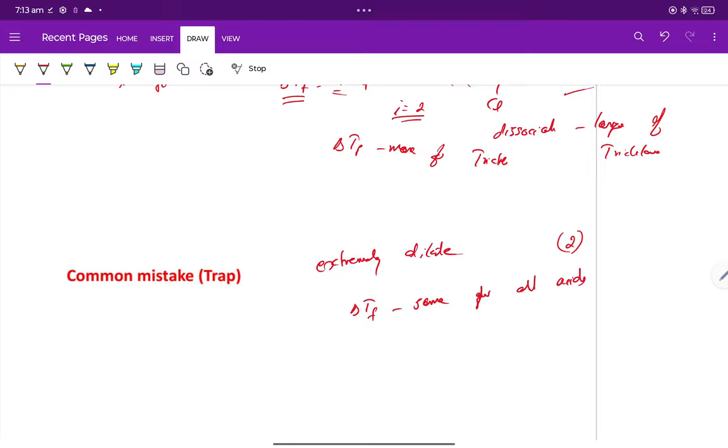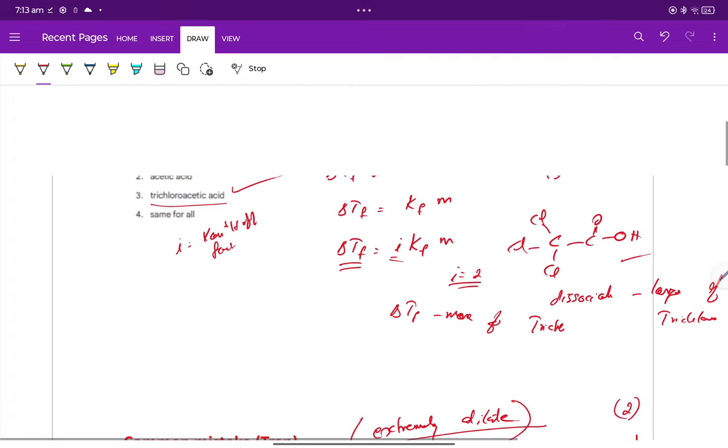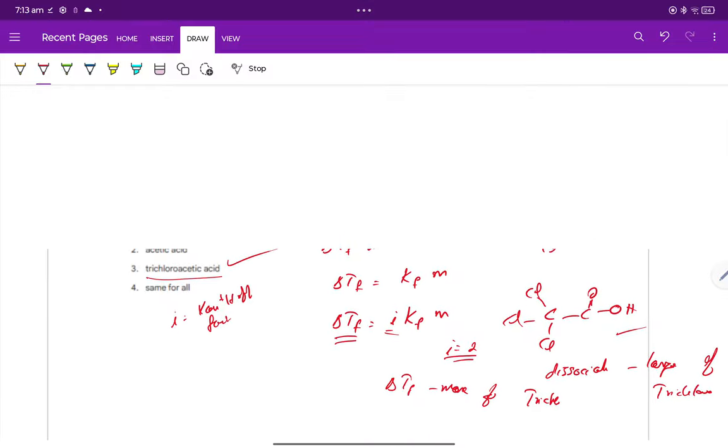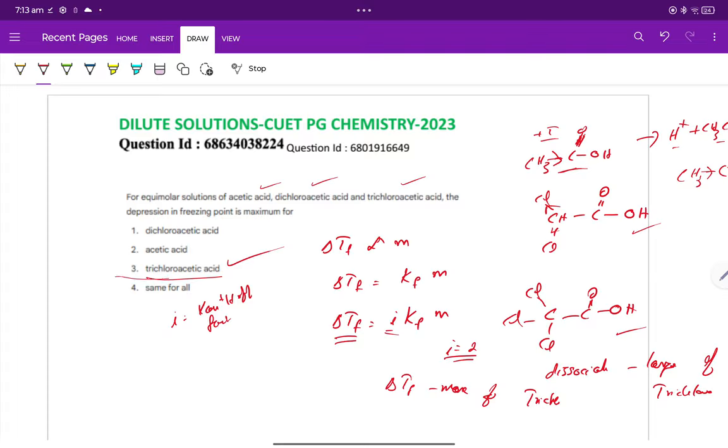But the condition is that it should be extremely dilute only. If it is not extremely dilute, trichloroacetic acid will have the maximum acidity. So you should keep in mind whether it has been written as extremely dilute. If it has been given as extremely dilute, the answer would have been the fourth option, the same for all.